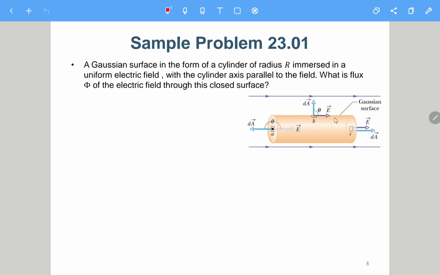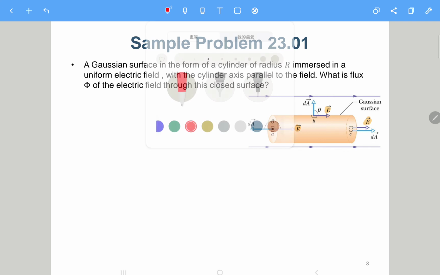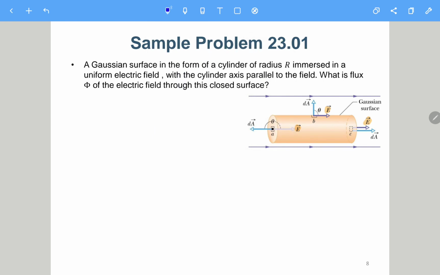The E field is pointing to the right side, with the cylinder axis parallel to the field. What is the flux phi of the electric field through this closed surface? This is a good example to demonstrate the idea of the net flux.